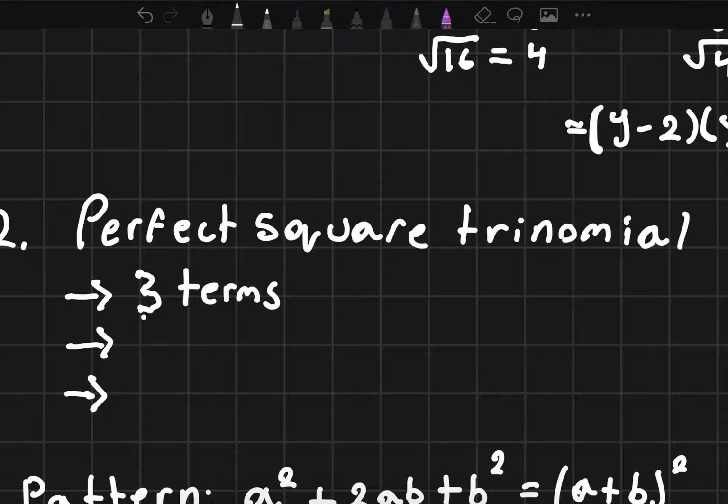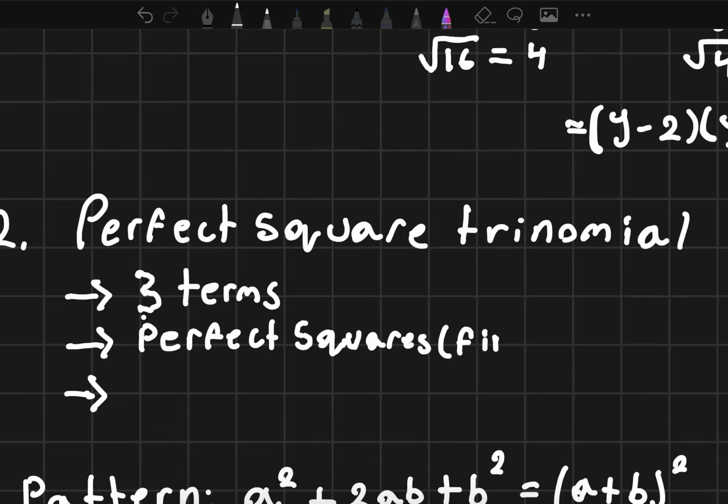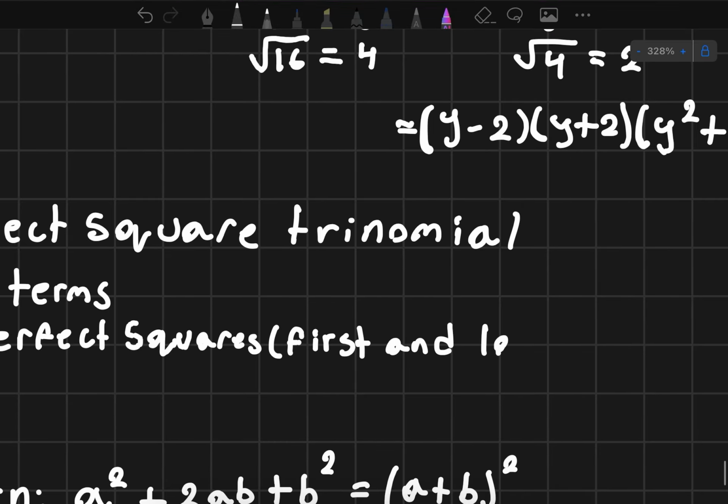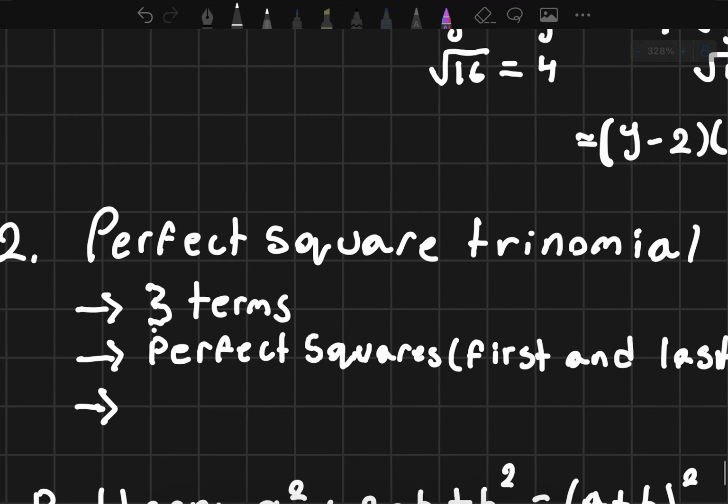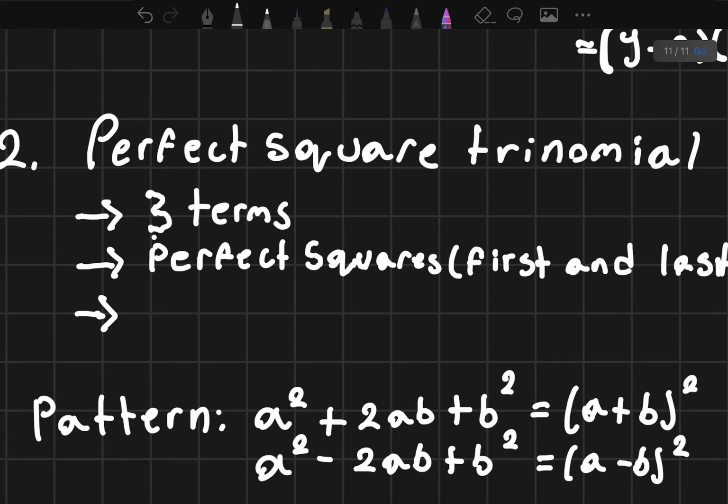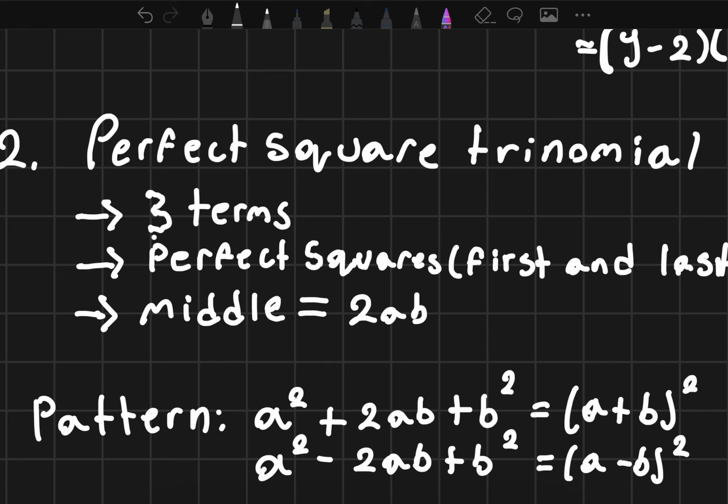The first and last terms have to be perfect squares, and the middle term has to be equal to 2ab or negative 2ab.